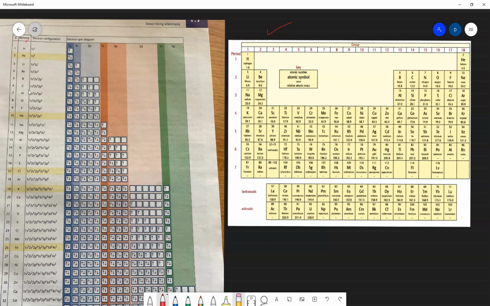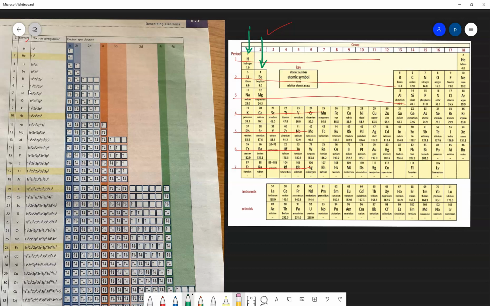So in any periodic table you'll have the periods. The horizontal lines are called periods. You've got period 1, period 2, period 3, period 4, period 5, period 6, period 7. And the vertical lines from the top, this is group 1, and this is group 2.